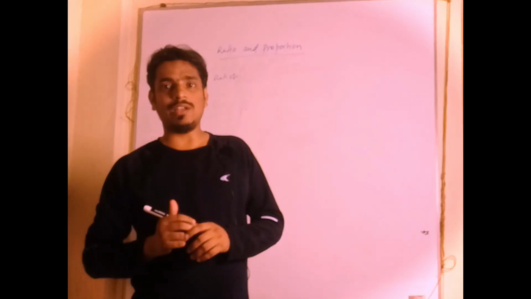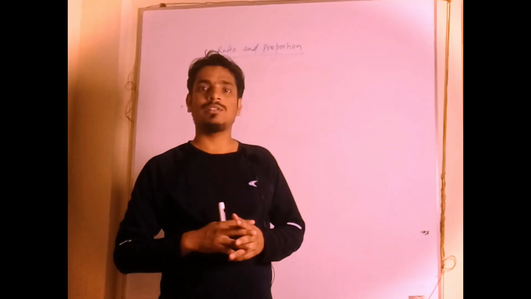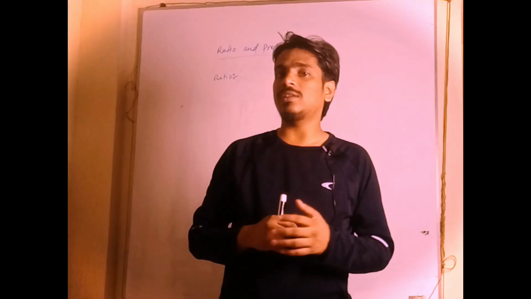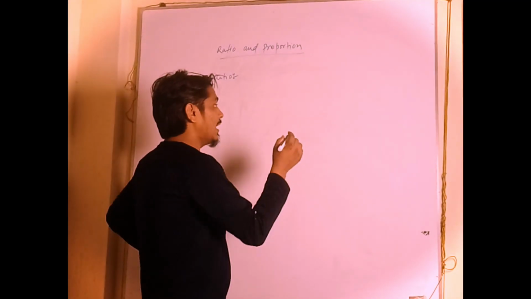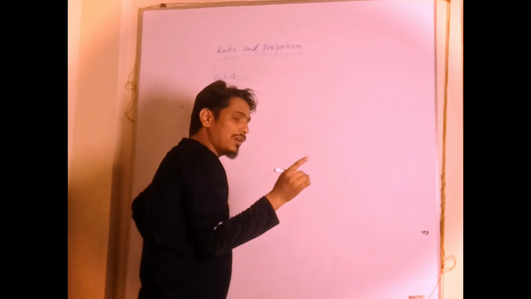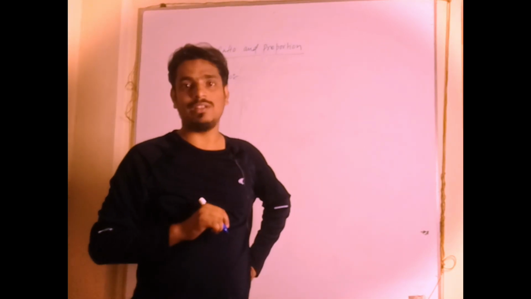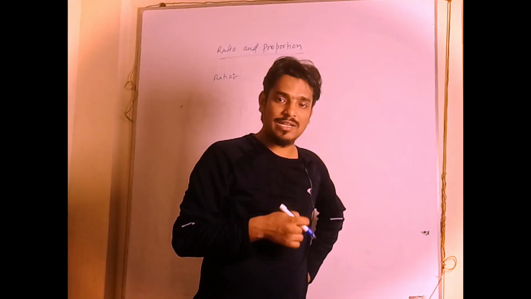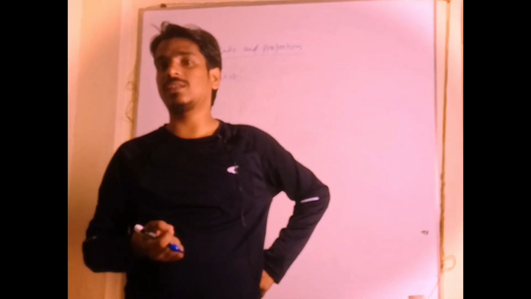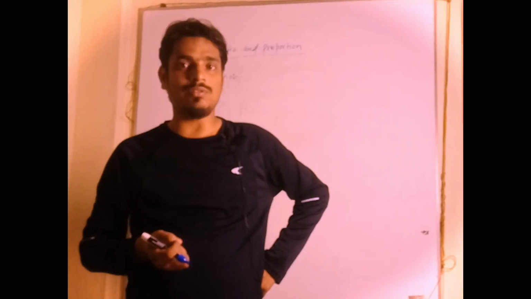For example, in a class of 30 students, there are 20 boys and 10 girls. It means that for every 2 boys we have 1 girl in the class. So this is indicating the strength of boys as compared to girls.